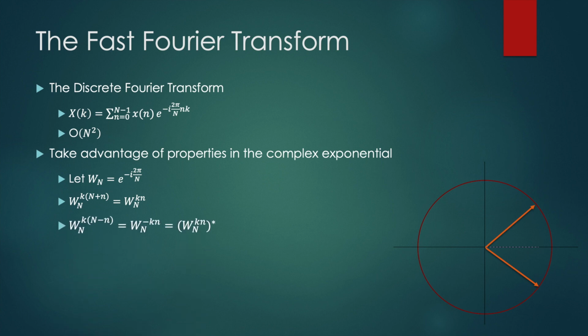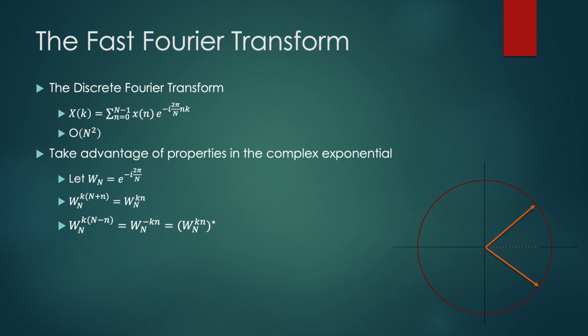There's also something called conjugate symmetry. I've drawn a diagram in the bottom right. Basically, any reflection in the real axis of a complex number gives its complex conjugate. And that sort of symmetry by reflecting in the real axis can be shown with this W_N.